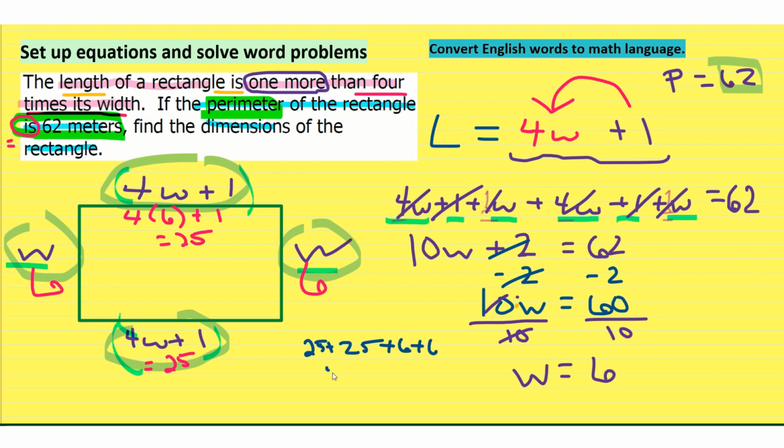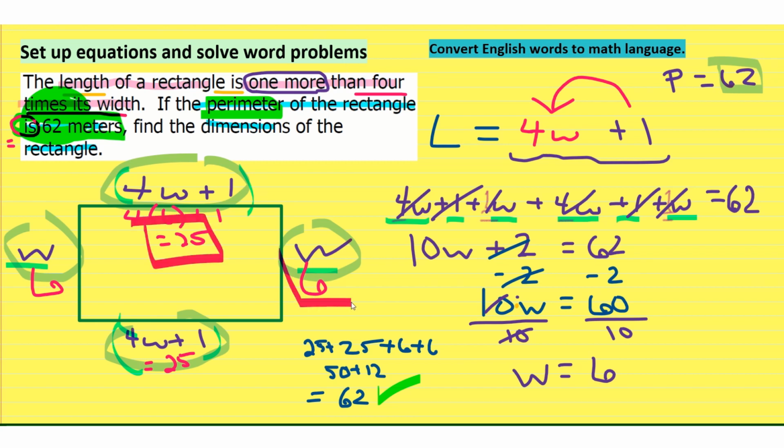Well, 25 plus 25 is 50, and 6 plus 6 is 12, and 50 plus 12 is indeed equal to 62, which is what they originally told us over here. They said that the whole perimeter was 62, and that checks out. So these are the correct dimensions. I have a length of 25 and I have a width of 6.